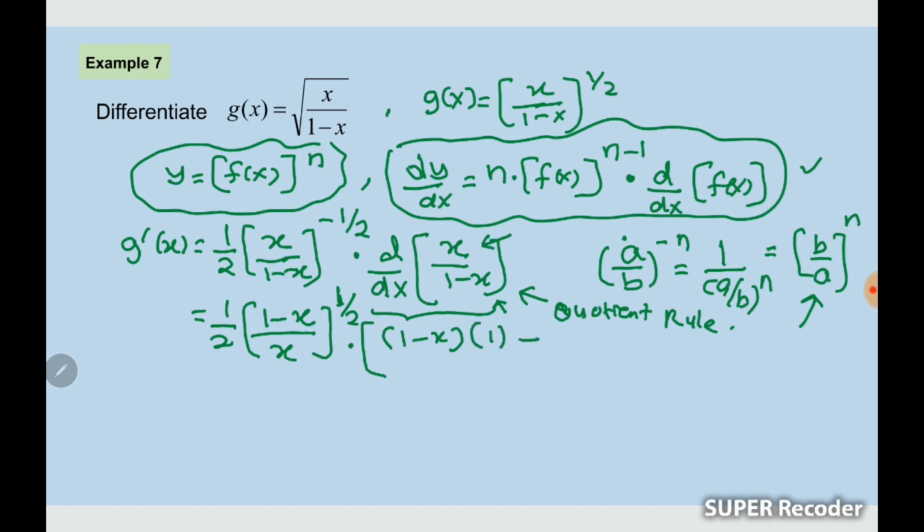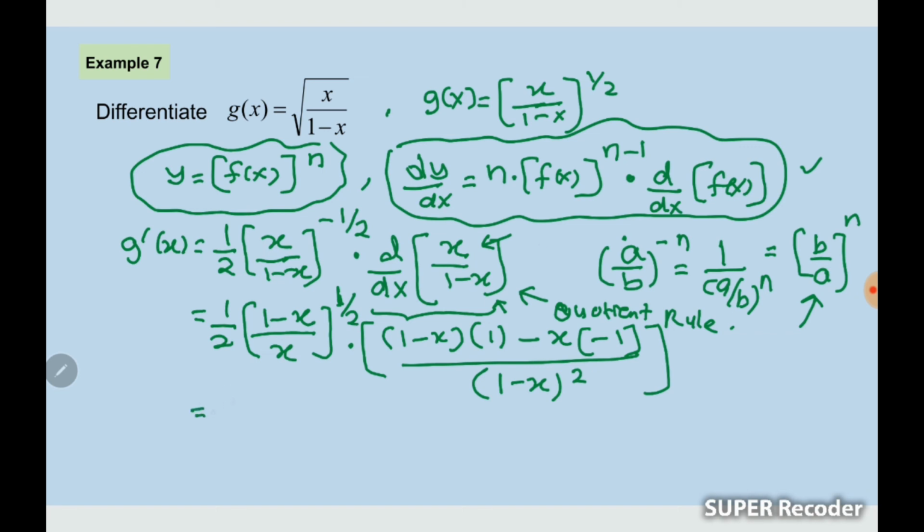So what is u? u is x. Differentiate v, 1 minus x is negative 1. Don't forget to divide over v squared. What is v squared? (1 minus x) squared. Okay, now we get the answer. I haven't written what is u and v, but we do it straightforward.